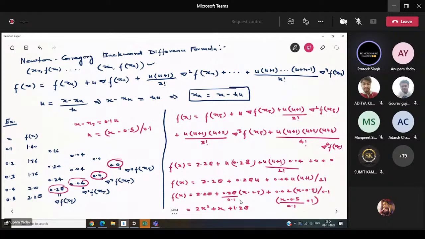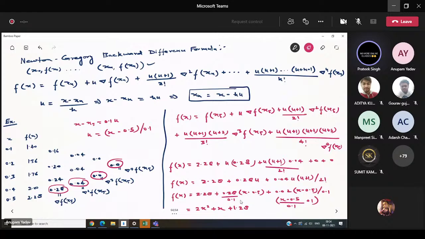Let's see how it works. It will also develop an interpolating polynomial, and it is applicable for both equidistant and non-equidistant data. So it's our choice whether we wish to use this one or the one which we studied. But the two methods which we just finished are applicable only when the data is equidistant.